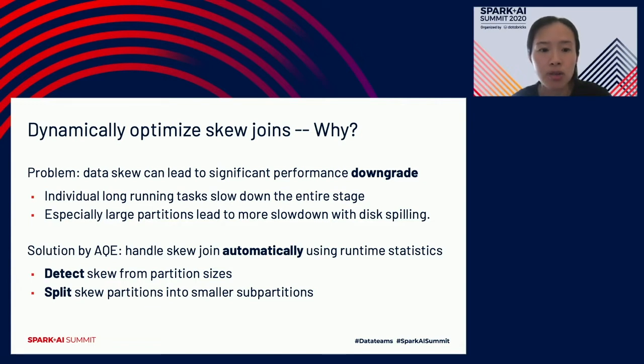Well, thanks to the partition stats it gets after each stage, AQE is in a unique position to detect such skew. And once a skew is detected, AQE splits those skewed partitions into smaller subpartitions, which eliminates both the straggler and the spilling problem.